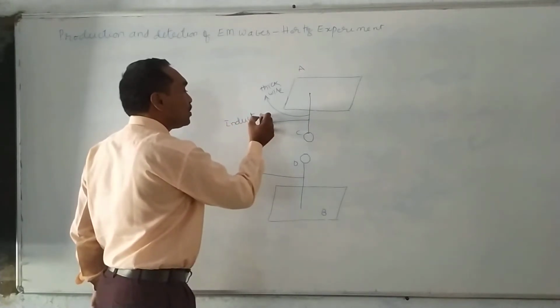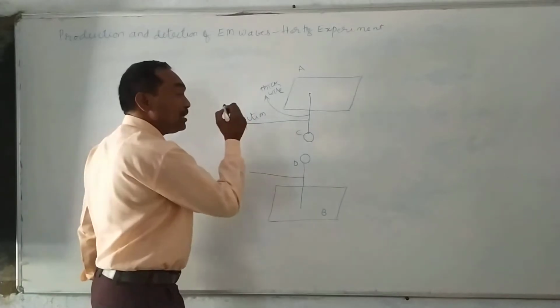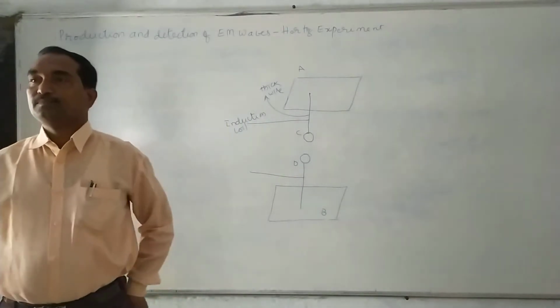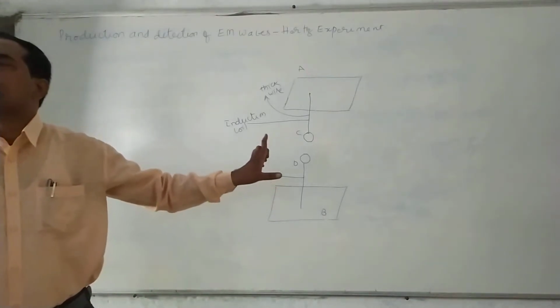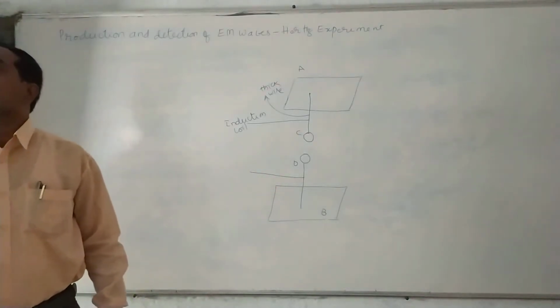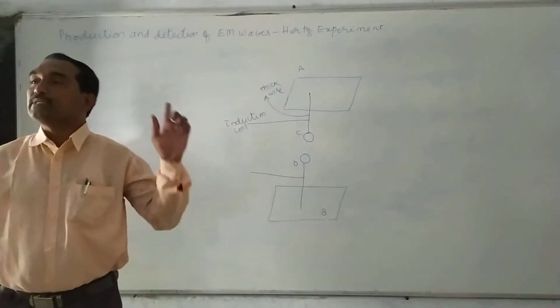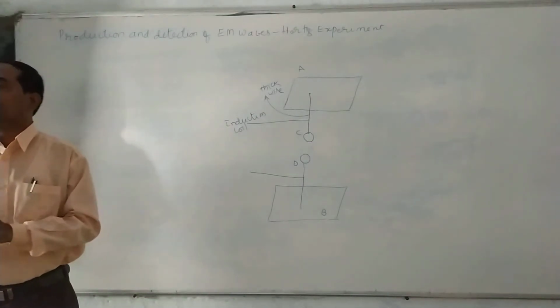Not only to the induction coil, it is also connected to a high DC voltage. This is the simplest experiment to produce electromagnetic waves using Hertz's setup. How will it work?